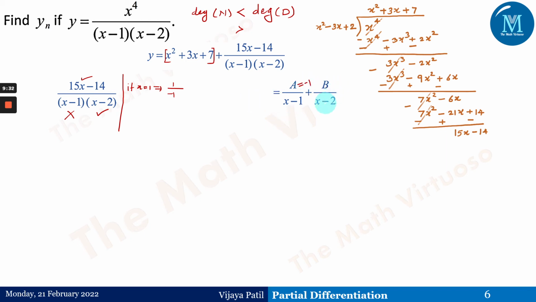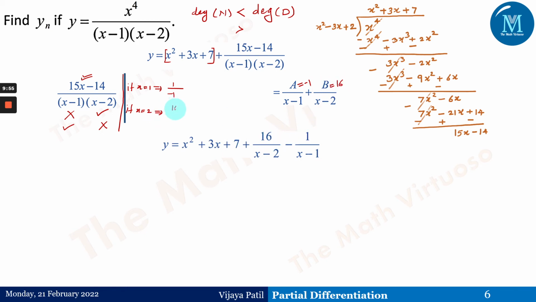To get the value of b, the denominator is x minus 2, so we put x equal to 2 in the numerator, not in that bracket. That's the reason we call this the hiding method. Putting x equal to 2 everywhere else, we get the value of b equal to 16.